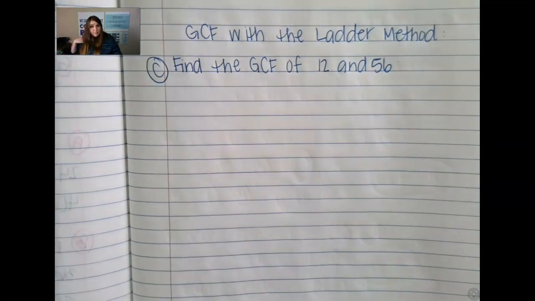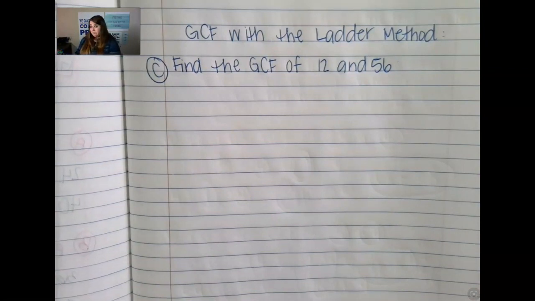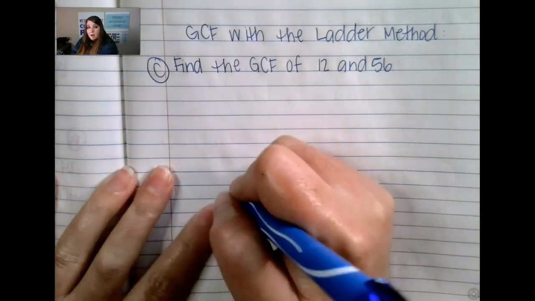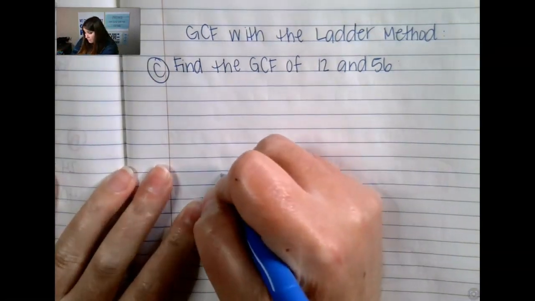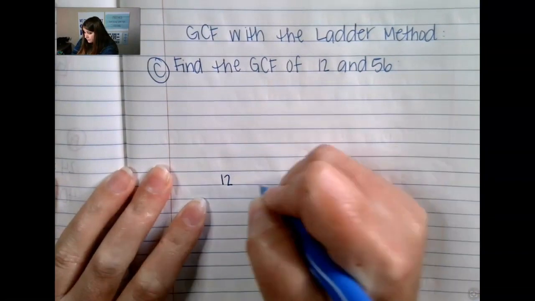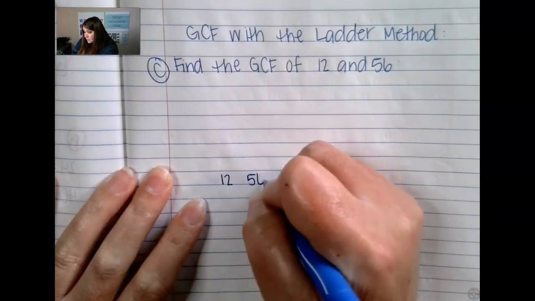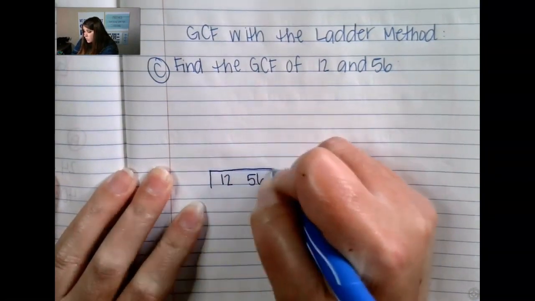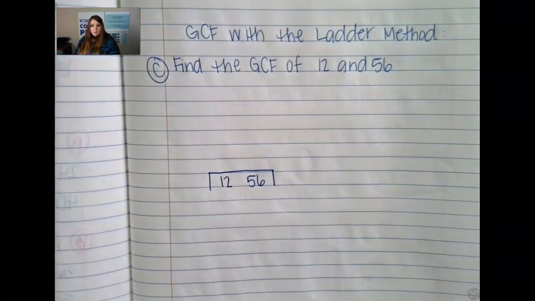Okay, if you remember, a ladder, you stand on it and you climb to get really tall. That's the same thing as what we're going to do here. We're going to build a ladder as we go. On the bottom step of the ladder, we will have the numbers 12 and 56. And we're just going to build a ladder on top of it.